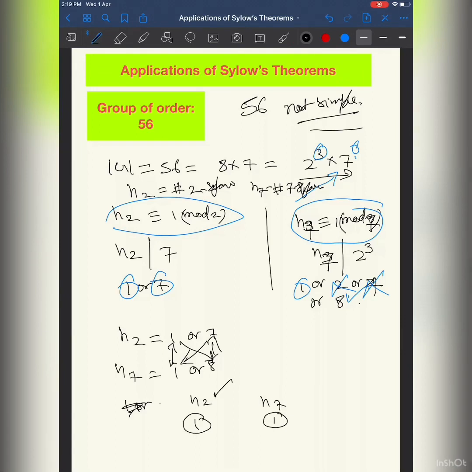Not trivial, not full here, because its order is 8, or order 7. So we are done. 1 and 8 is also fine, because we are getting a unique Sylow subgroup here. 1 here, 7 here is also fine, because we are getting a unique subgroup here. So in the 3 cases we are fine.